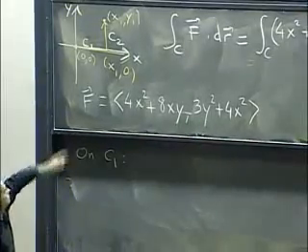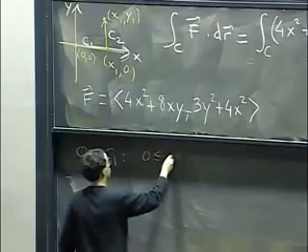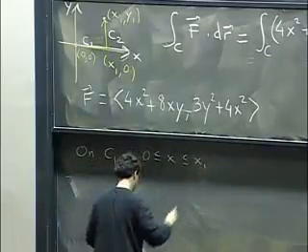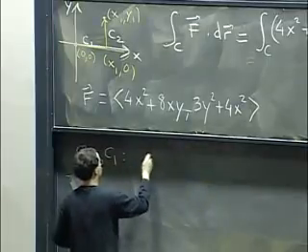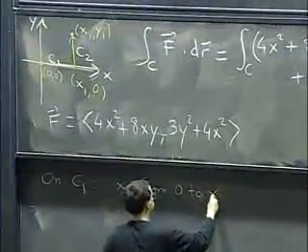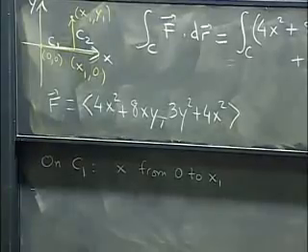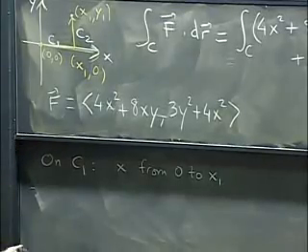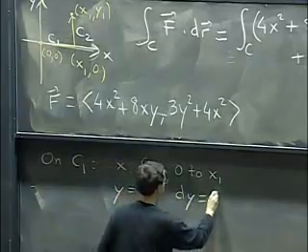Well, if I'm on C1, then x varies from 0 to x1. Well, actually, I don't know if x1 is positive or not, so I shouldn't write this. I really should say just x goes from 0 to x1. And what about y? y is just 0. So I will set y equals 0 and also dy equals 0.